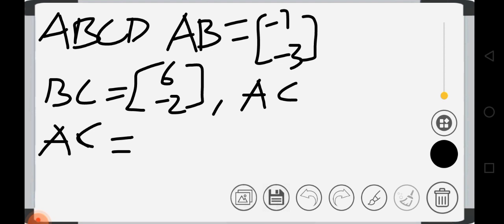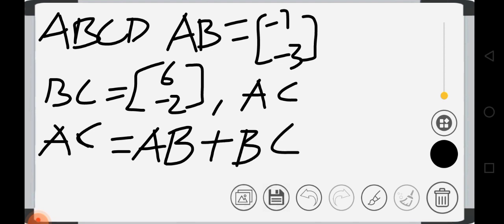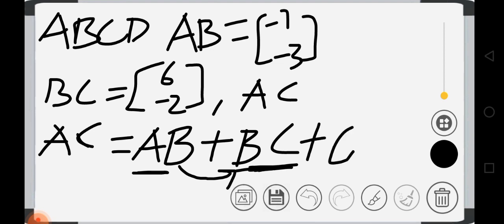So AC will be the same thing as AB plus BC. This is how to do it. I don't know if you have done line vectors before. We are doing line vectors where this first one ends, this other one will start from there. Where this one ends, if I want to add another one to it, it will start from C, maybe CD.